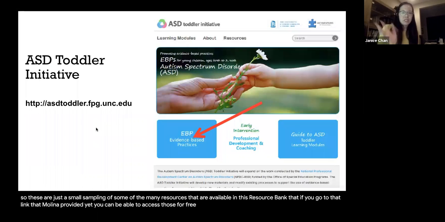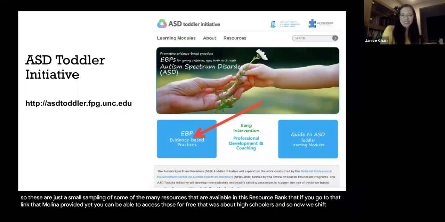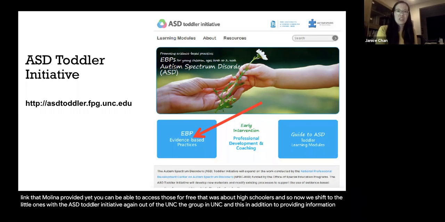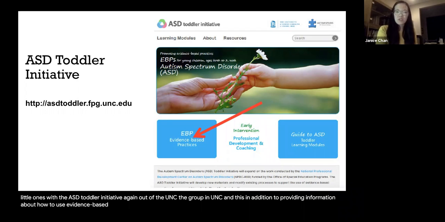Next, that was about high schoolers. And so now we shift to the little ones with the ASD Toddler Initiative, again, out of the group in UNC. In addition to providing information about how to use evidence-based practices for toddlers with autism, they also aim to help provide information and training about early identification of autism.